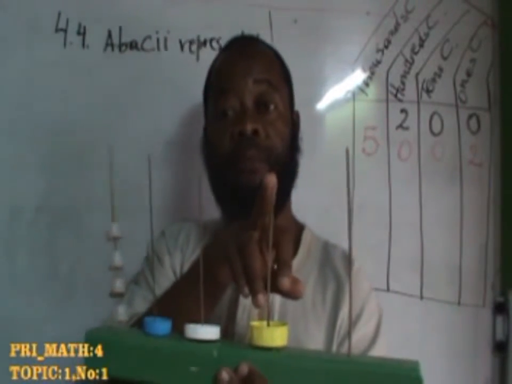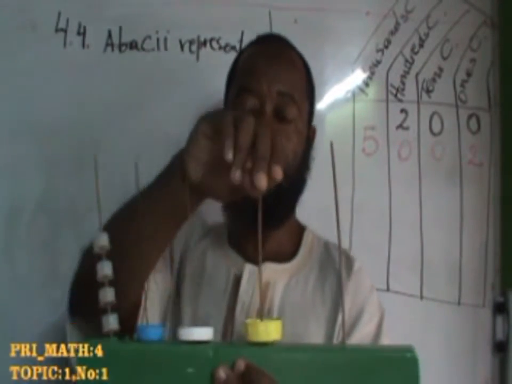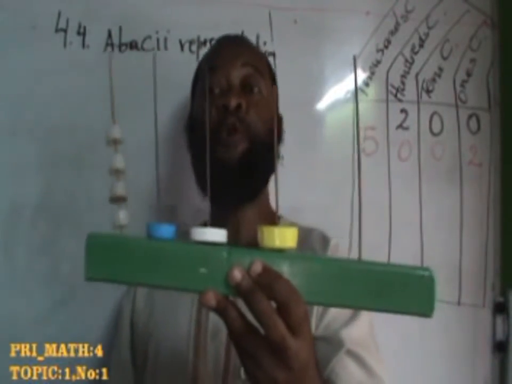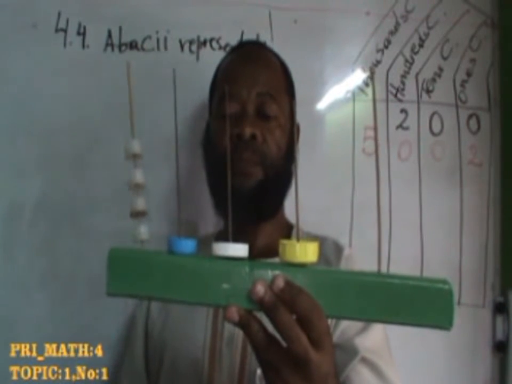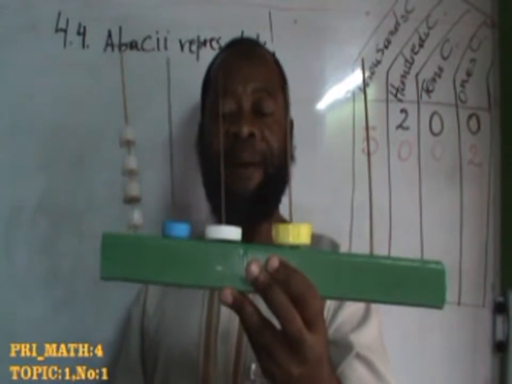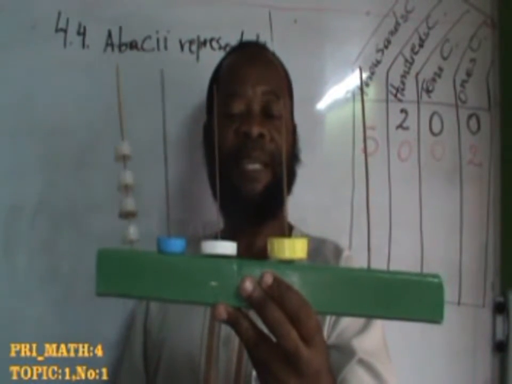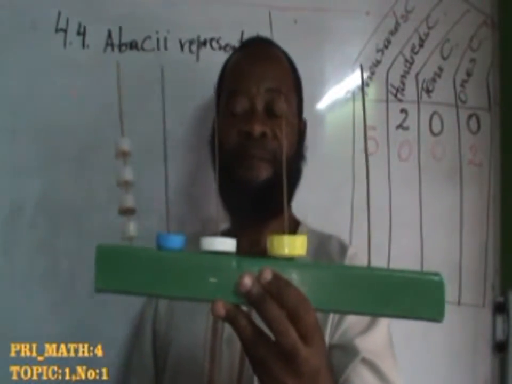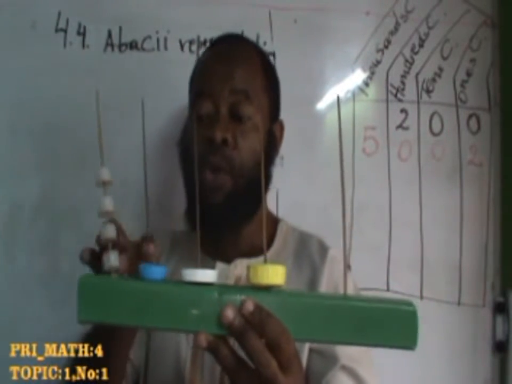What about this one? This one will be for thousands. So if you are asked to tell us which number is represented in this Abacus representation, it is 1,114.